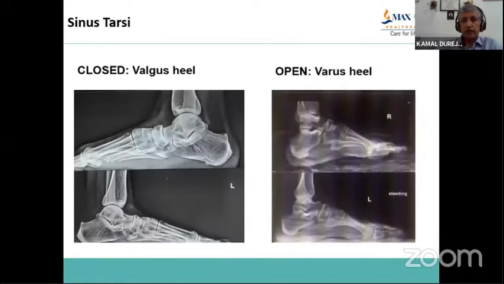But if the heel has gone into valgus in a pronated foot, this gets almost obliterated. And if the heel has gone into varus, you see a big hole and you see an open sinus tarsi. So that's how, looking at sinus tarsi, you get an idea whether you are dealing with heel varus or heel valgus.